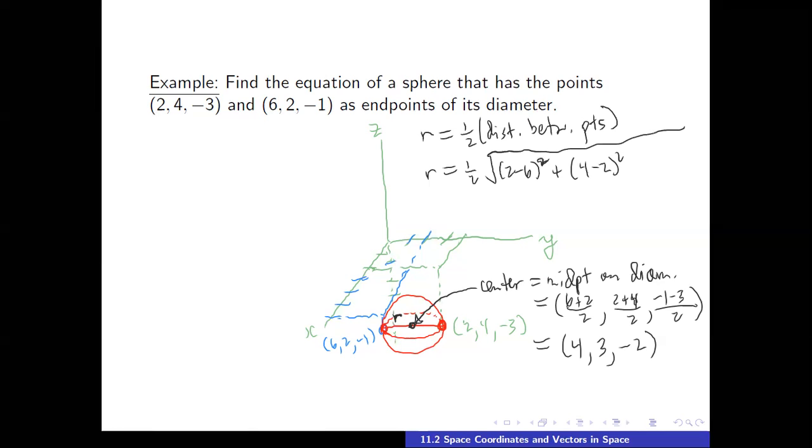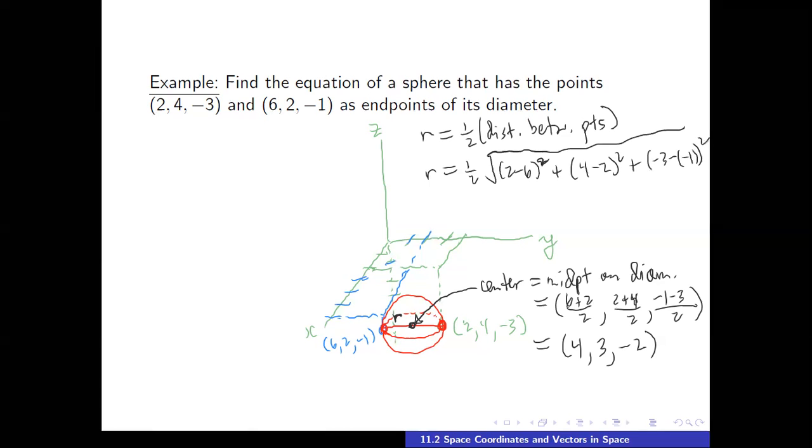By the way, does it matter whether I keep these things in order? If I take the difference of the x coordinates and square it, does it matter if I do the one first and the other second or the other way around? Does that matter? No, because I'm squaring the difference anyways, yes? I'm squaring the difference. So it's 2 minus 6 squared, 4 minus 2 squared, and finally, negative 3 minus negative 1 squared, okay?